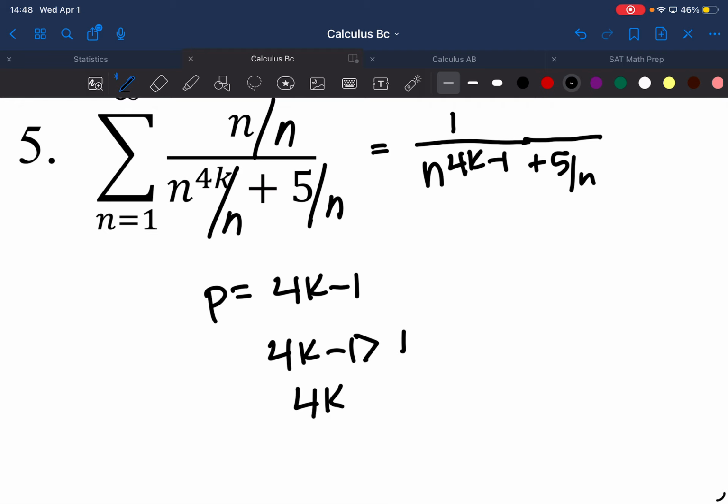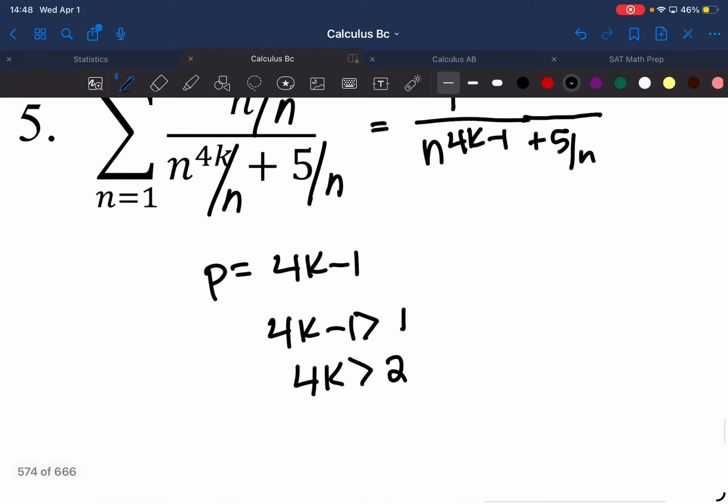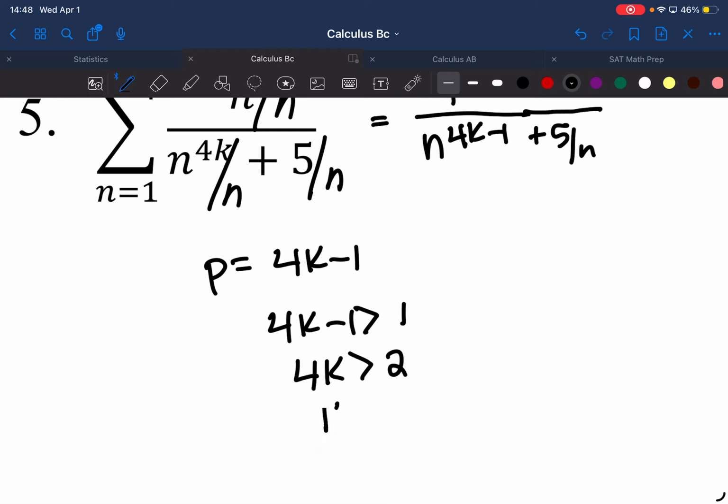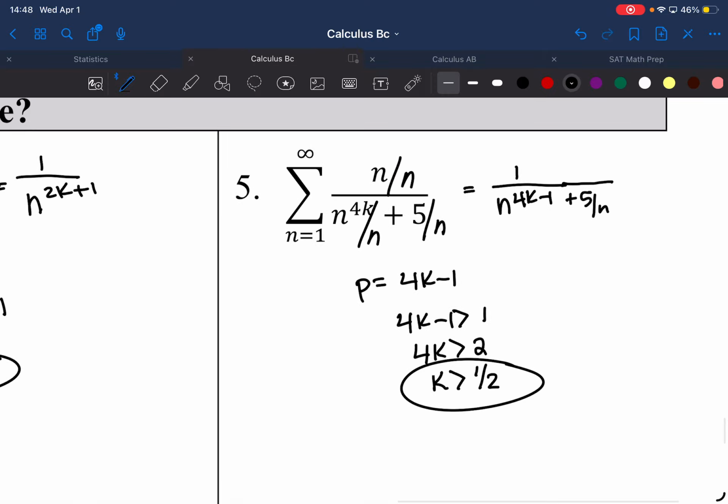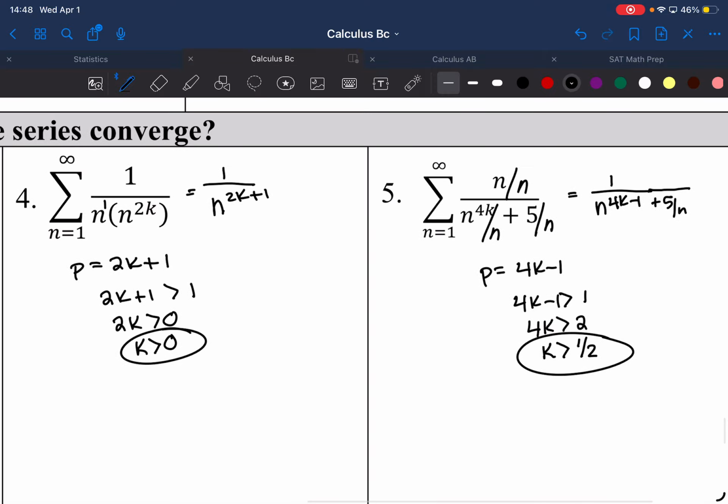I get 4k is greater than 2. Divide both sides by 4. I get k is greater than 1/2, which means that this series will converge when the k value is greater than 1/2. Okay, any questions on 1 through 5?